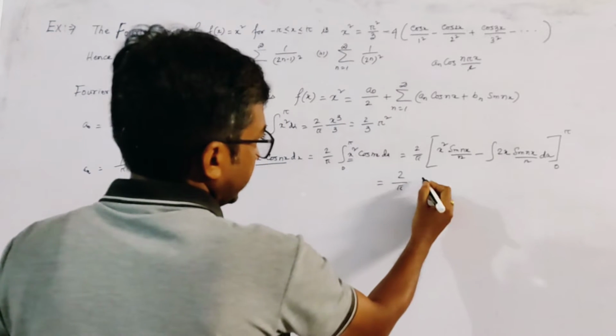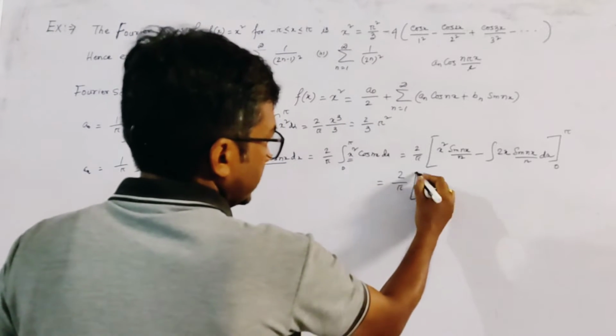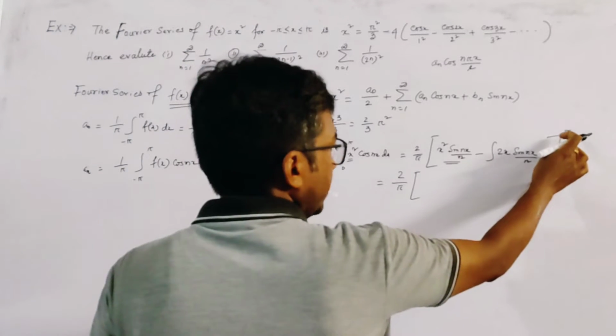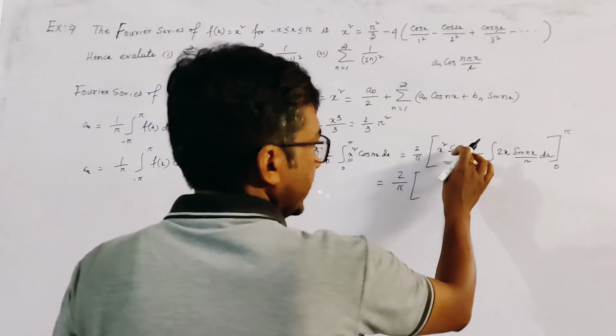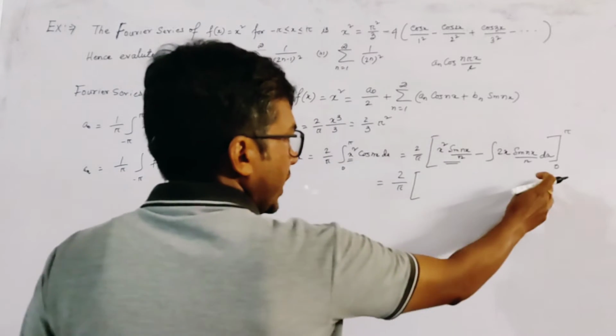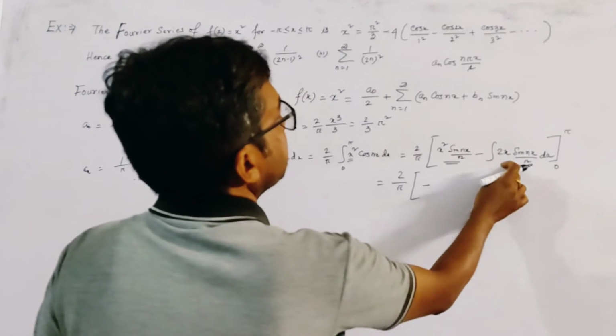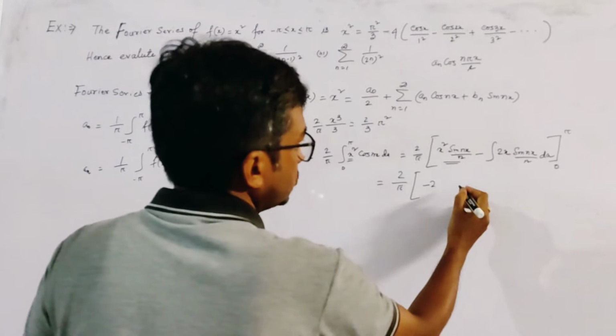So 2 by pi into this term is totally 0, because if we put the range here, sin n pi is 0 and for 0, x square is 0. So we write only the second term and this is minus 2.